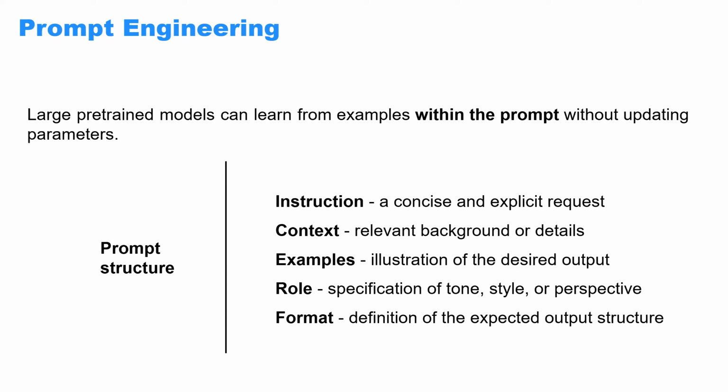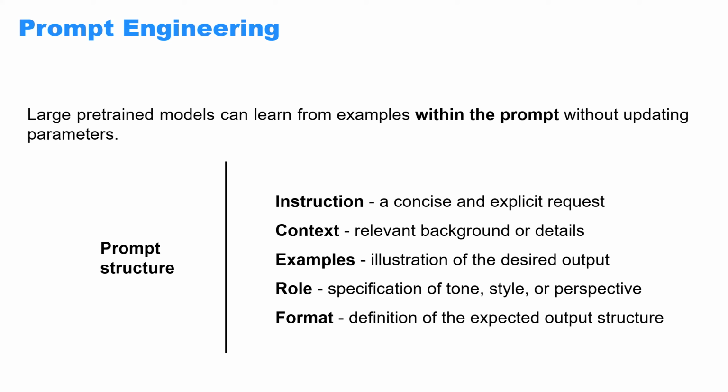The simplest way to make an LLM work as we want is to write a prompt, a short instruction that asks our model to do something without updating its parameters.